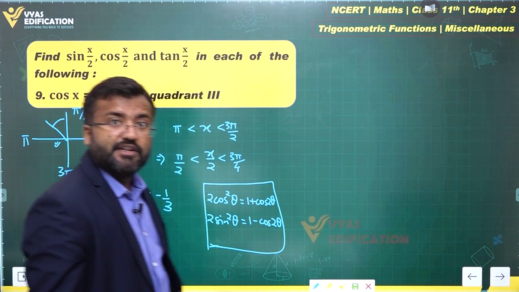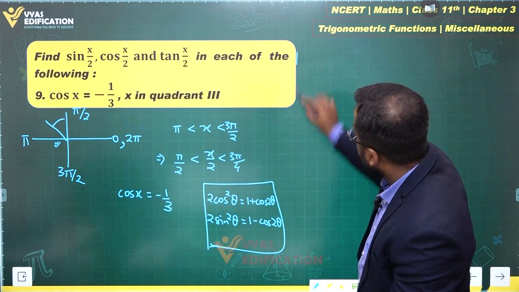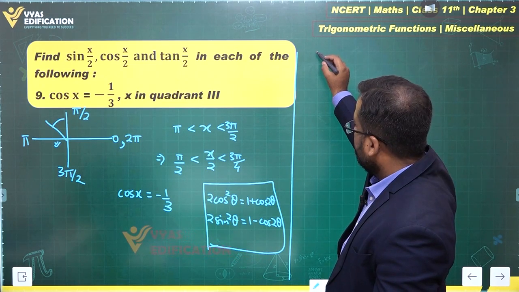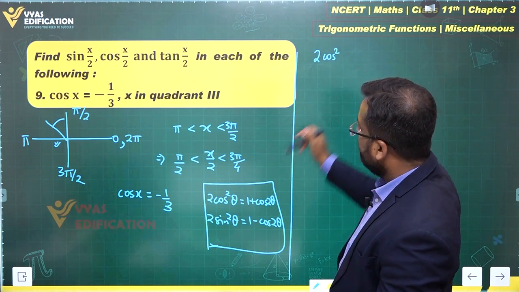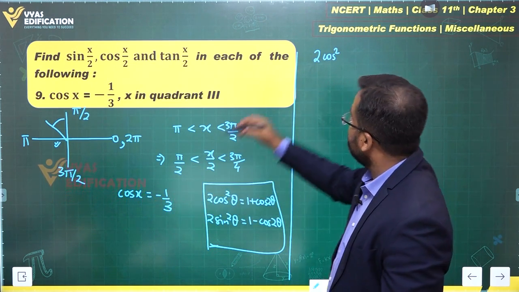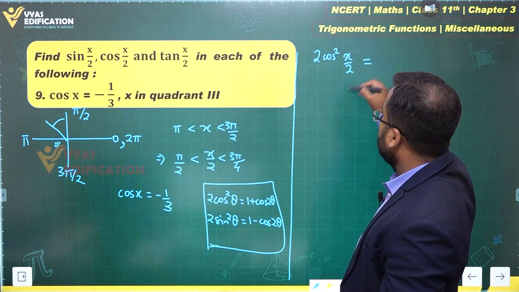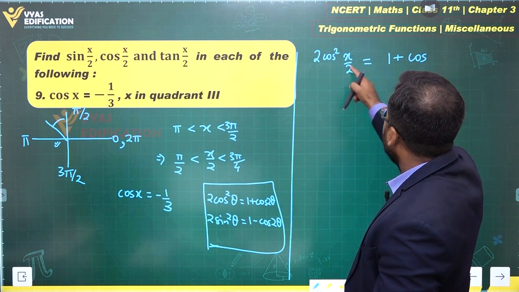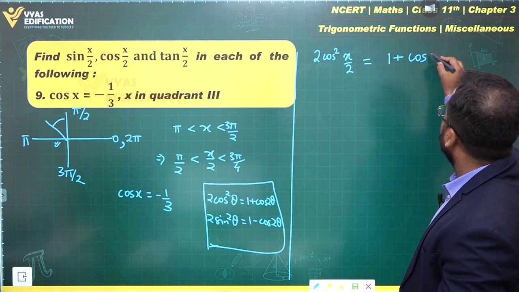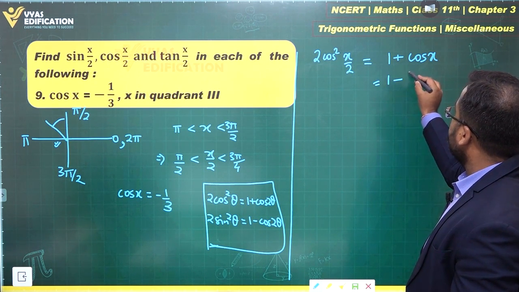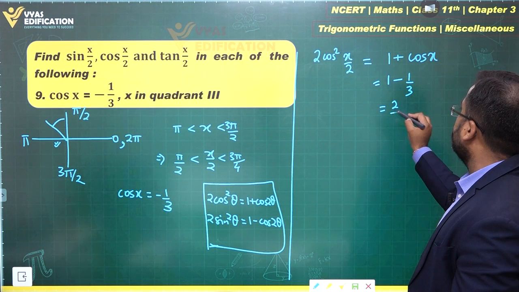Let's use this. 2 cos square x by 2, half angle of this, will be equal to 1 plus cos x, which is 1 minus 1 by 3, which is simply 2 by 3.